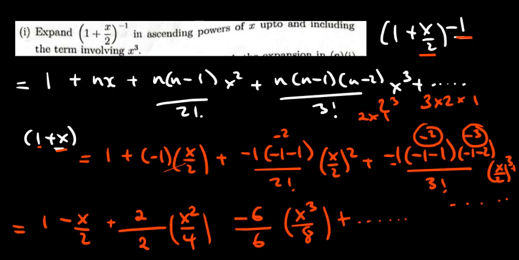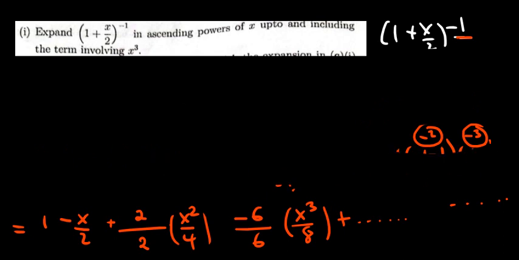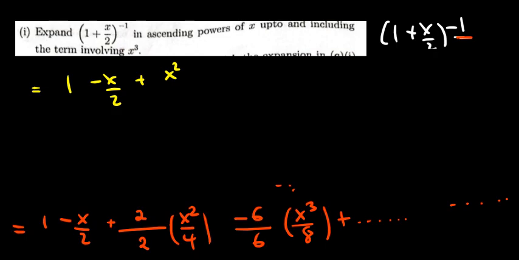From here, I'm going to divide 2 divided by 2, which is 1, so I have 1 minus x over 2, plus x squared over 4.